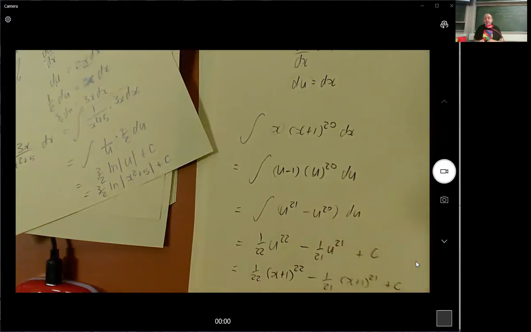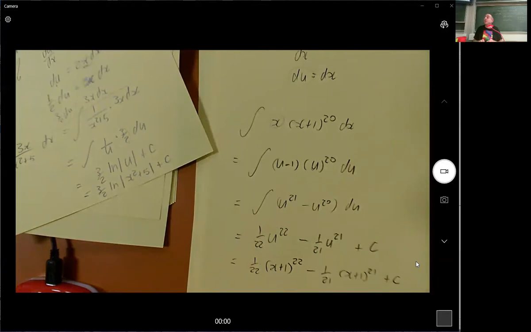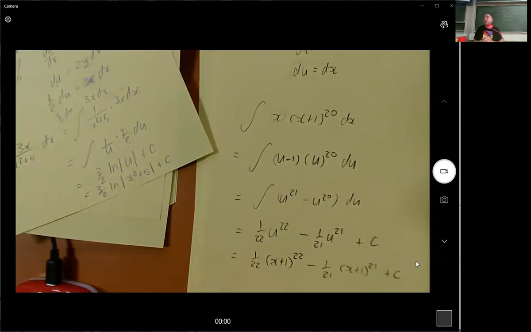And this is in fact the same answer I got by doing the rewriting process, interestingly. So I mean, technically substitution is just an extremely fancy way of rewriting things. It's a way of rewriting not just the bit next to the dx, but also the dx as well. So yeah, it's like rewriting and fancy rewriting.